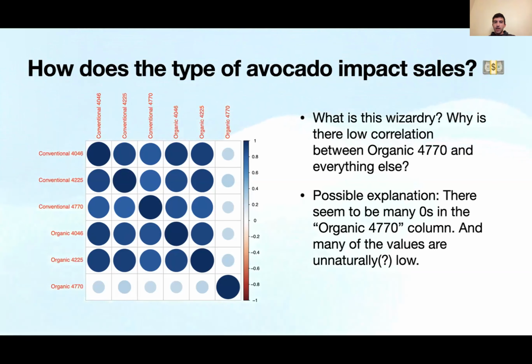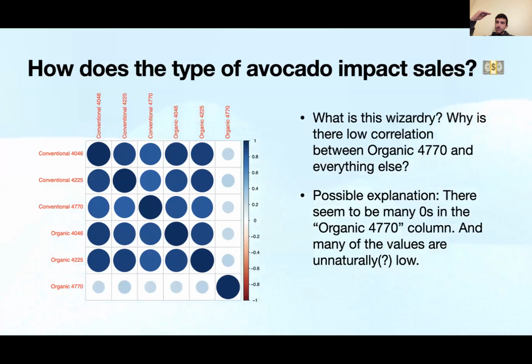Everything seems to have high correlation with each other, but for the small correlation with the organic 4770 avocados, I looked into the numbers, and it seems like a lot of the values for organic 4770 have unnaturally low numbers.